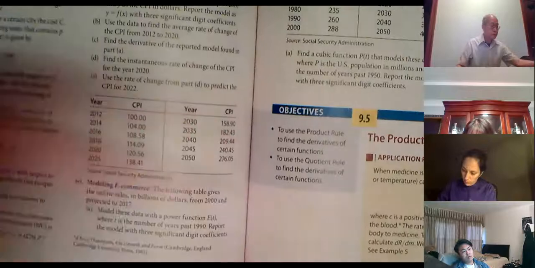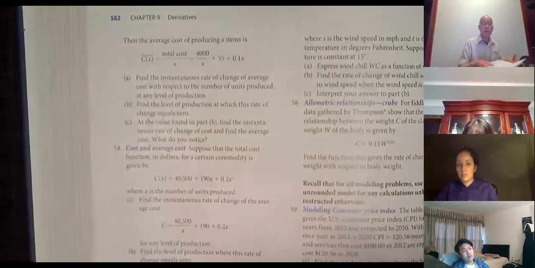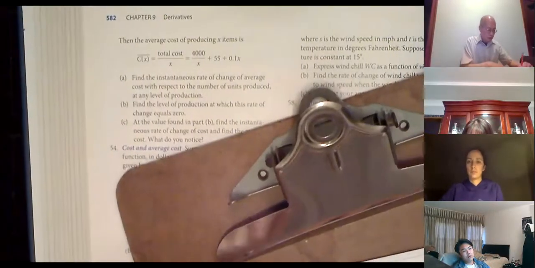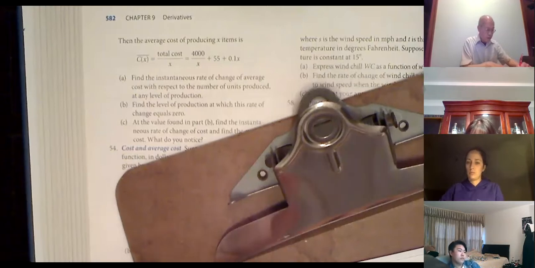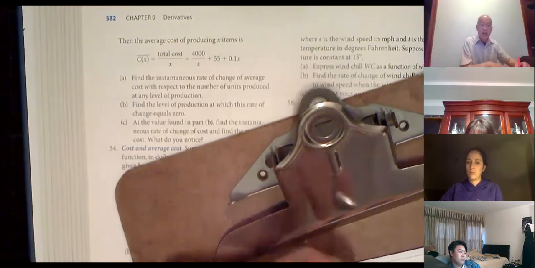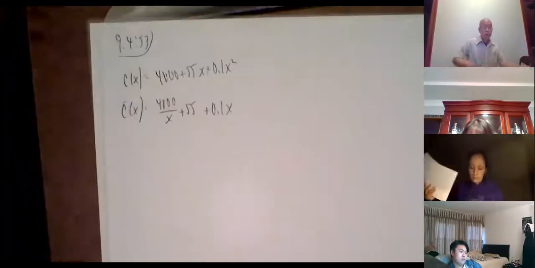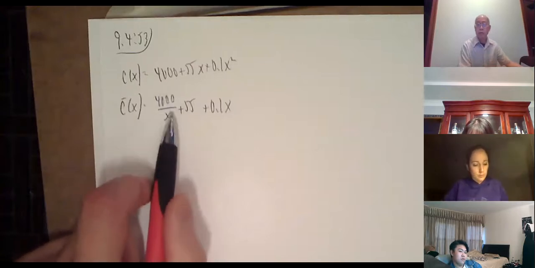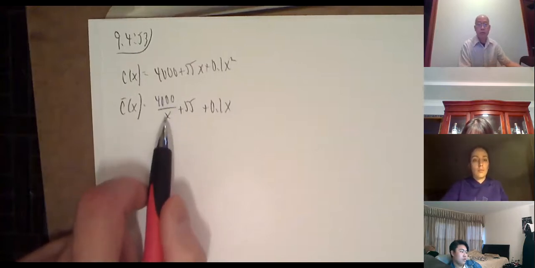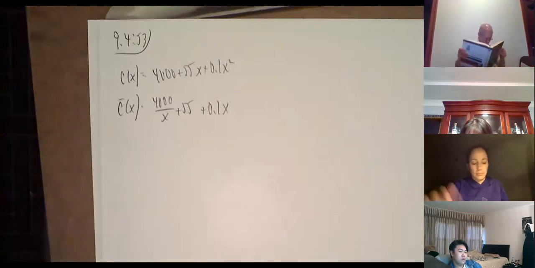There's also the average cost function where you divide by x. So C bar, we call it, is 4,000 over x plus 55 plus 0.1x. Hopefully this is the same. Is this the same for you guys? If you don't say anything, I'm assuming that it's the same. Green. Good.